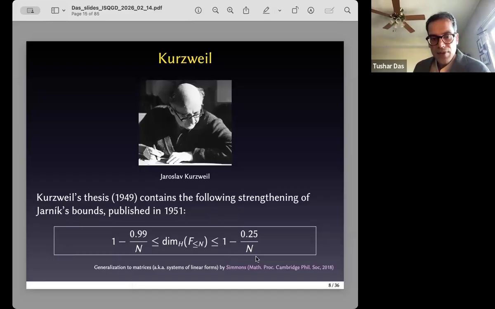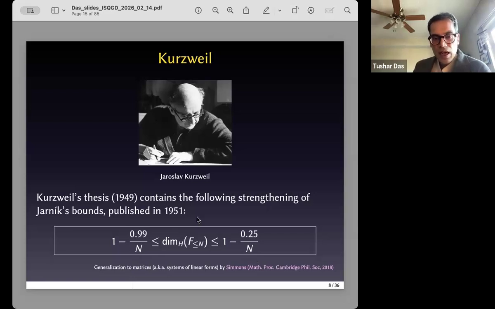these f less than or equal to n's are related to what are called badly approximable numbers. And the badly approximable numbers are the union of these f less than or equal to n's, and they have full Hausdorff dimension, even though they have Lebesgue measure 0.